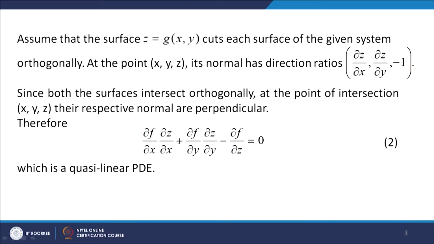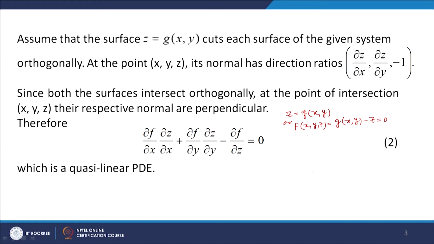Let us assume that the surface z = g(x, y) cuts each surface of the given system orthogonally. We can write z = g(x, y) as f(x, y, z) = g(x, y) - z = 0.